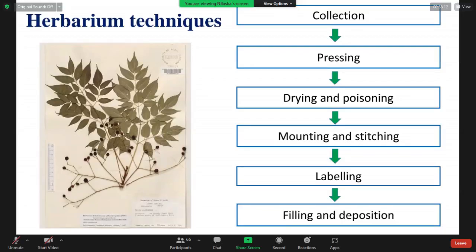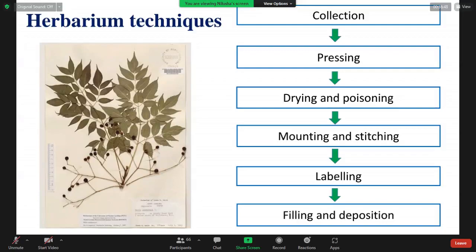Poisoning: I already told you some specimens may be destroyed by beetles or other insects. So you have to put some insecticide or use fumigation with some chemical. To overcome the insect problem, you can use some poisoning material.